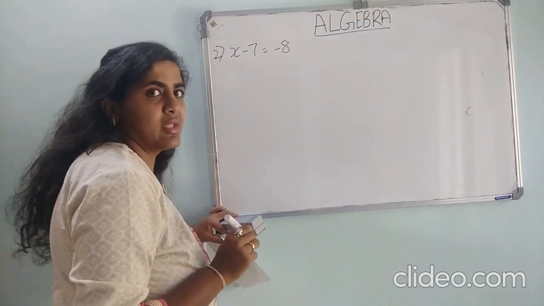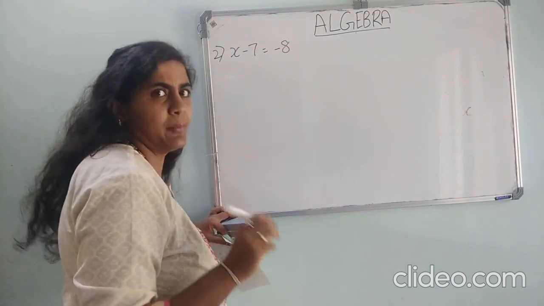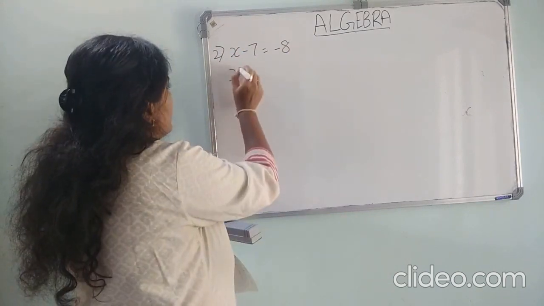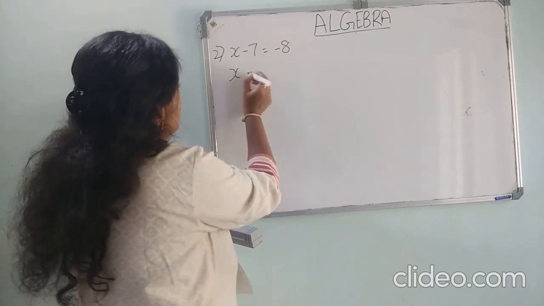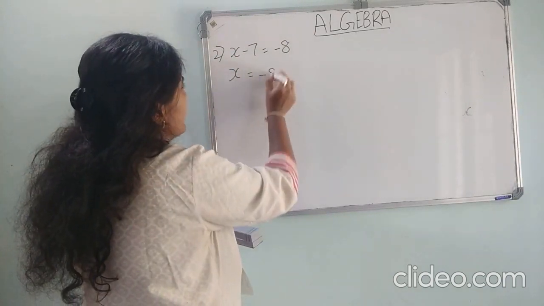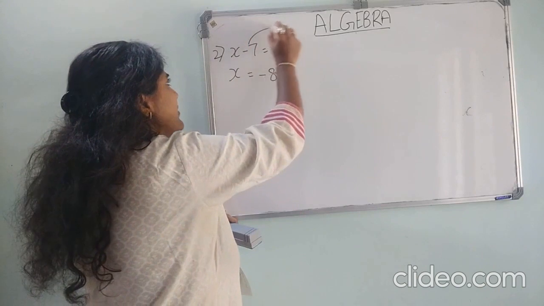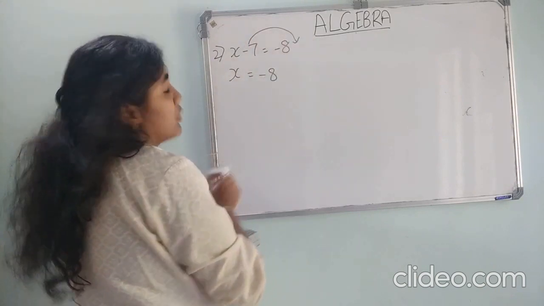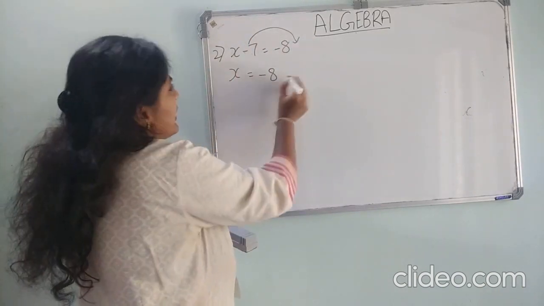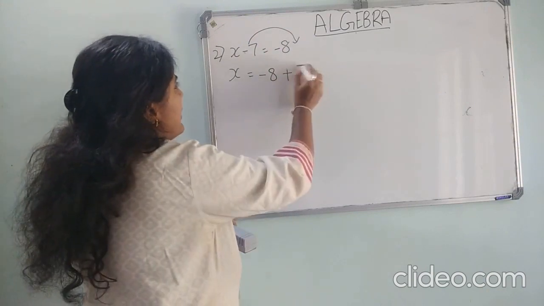Here x minus 7 is equal to minus 8. So here also I write x as it is, equal to minus 8 as it is. This minus 7 I will bring over here. So what happens? This minus becomes plus 7.